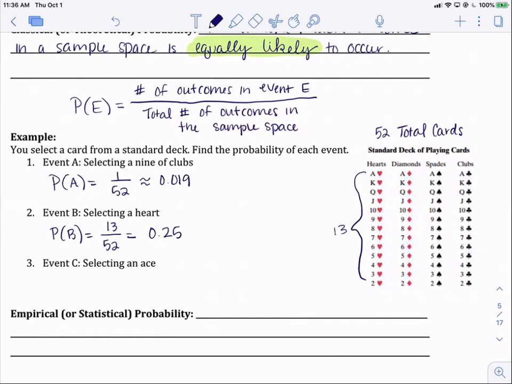And the probability of selecting an ace, 4 out of 52, or 1/13, which is what as a decimal? 0.077. Okay. The deck of cards is not going away. This picture either needs to be your best friend or start memorizing it.